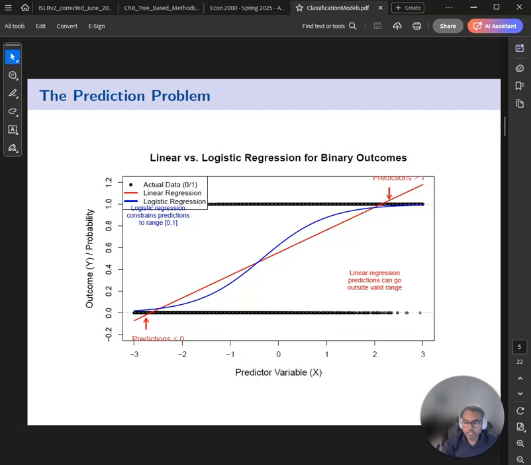Similarly, when the predictor is very high, the probability approaches 1 but doesn't exceed it. This is why logistic regression is so valuable for binary outcomes. It naturally constrains predictions to valid probability values and models the relationship in a way that matches what we actually observe in real-world data.